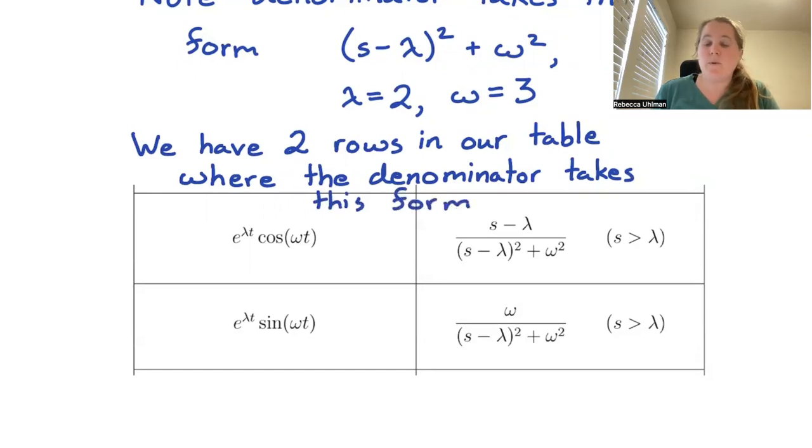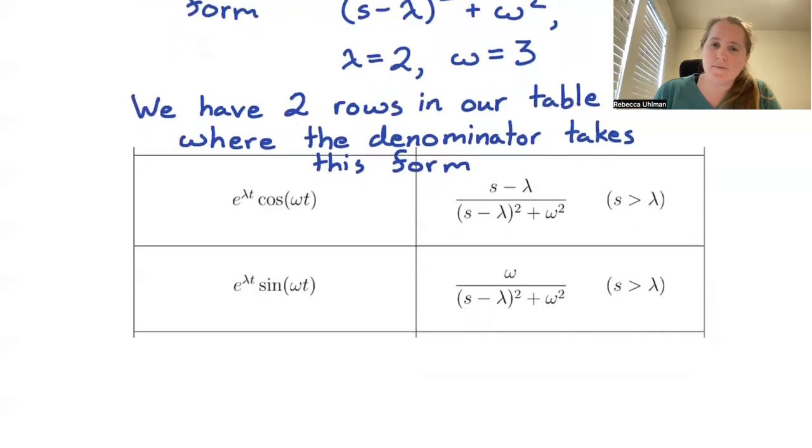And so essentially what we want to do is split our numerator so it's a linear combination of s minus lambda and omega.